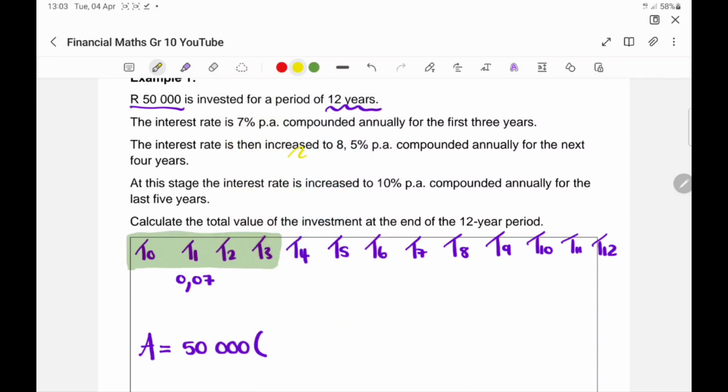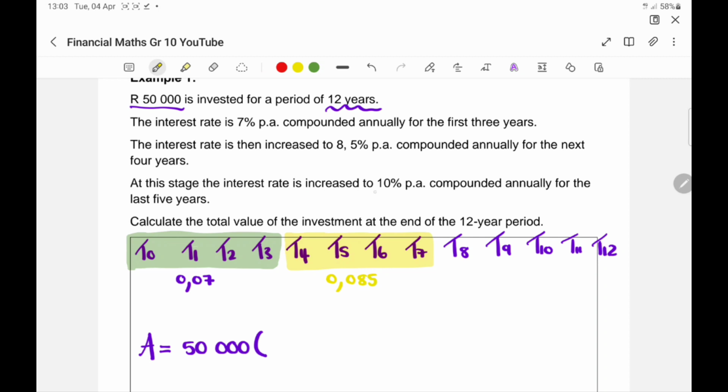Then they say the interest rate is then increased to 8.5% compounded annually for the next 4 years. So for the next 4 years, 1, 2, 3, 4. The interest rate then increased to 0.085 for the next 4 years.